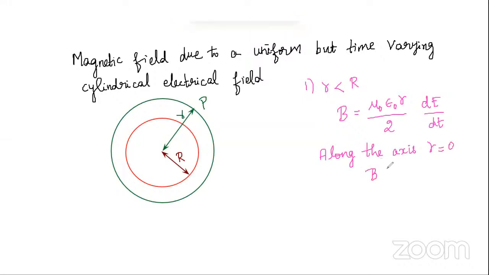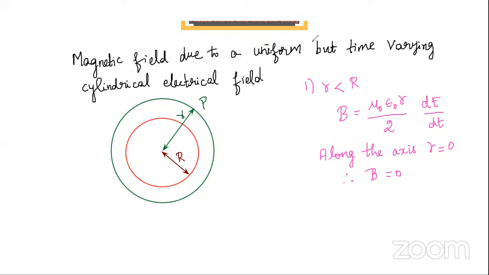So in that case, your B will be 0. This is the expression: B equal to mu naught epsilon naught r by 2 into dE by dt. Along the axis, since r is 0, your magnetic field is also 0. So this is one equation.